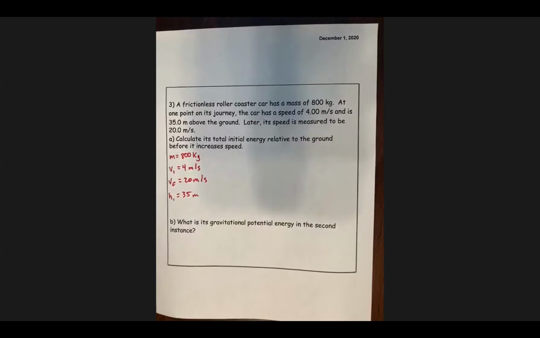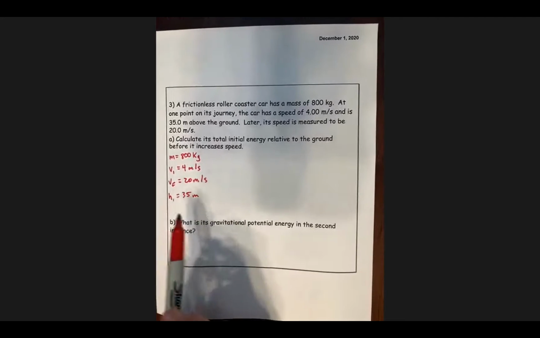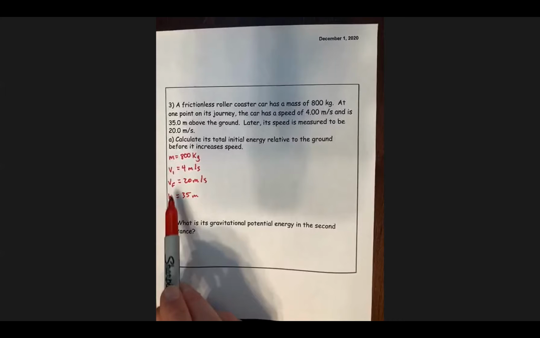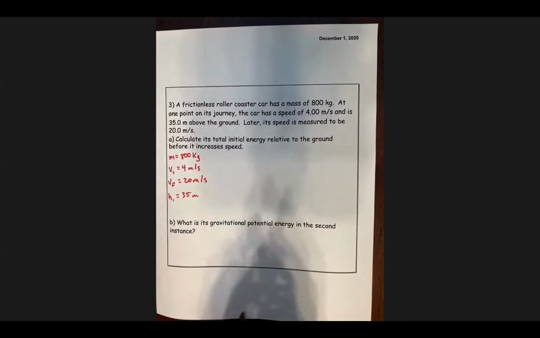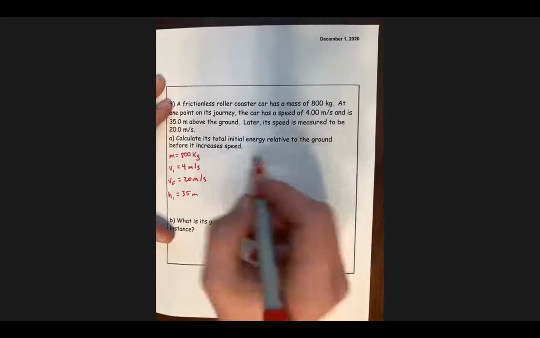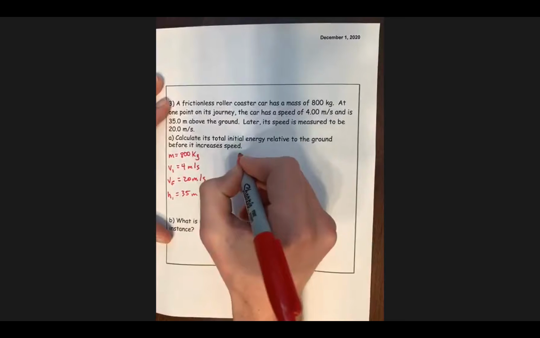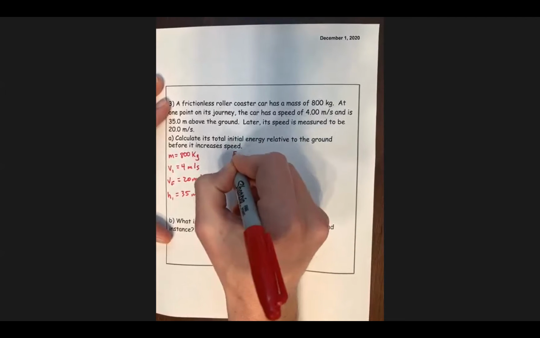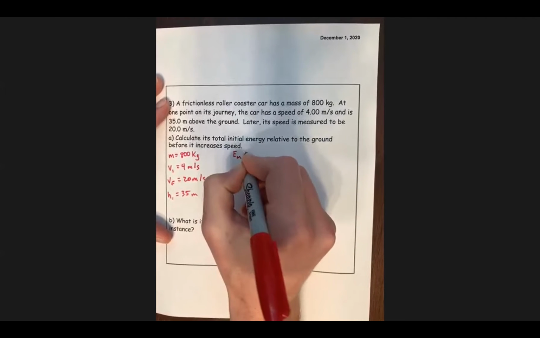So part A, we're asked to find the total initial energy relative to the ground before it increases speed. So we are concerned with our H1 and our V1. Remember, the total initial energy or the total energy is our mechanical energy.